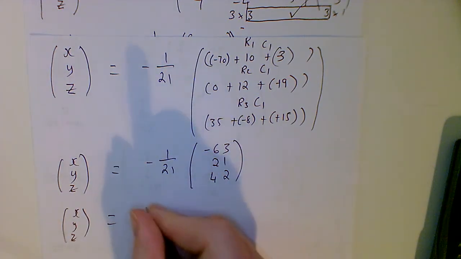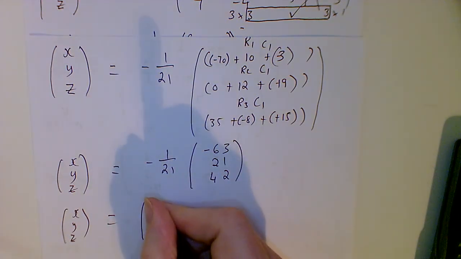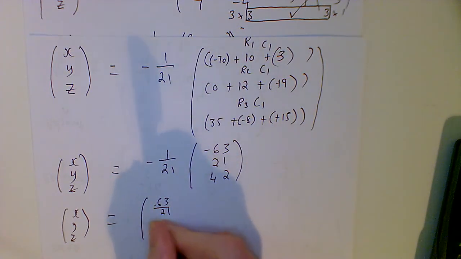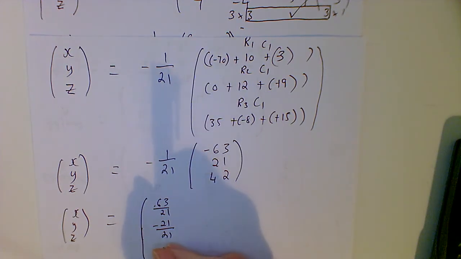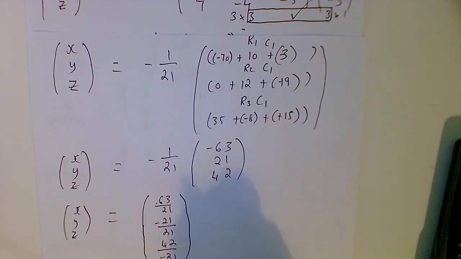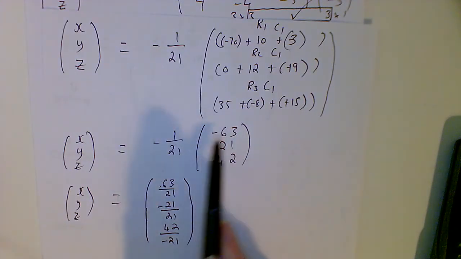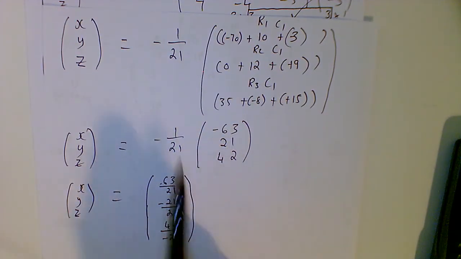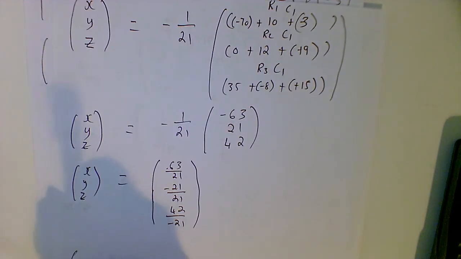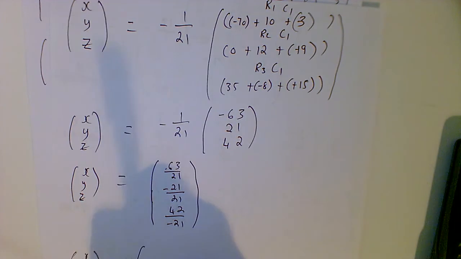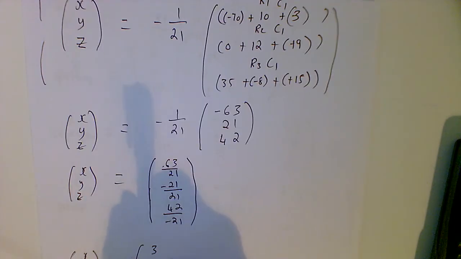Multiply these two things together. So that's 63 over 21. Negative 21 over 21. And 42 over negative 21. So just multiply that by that, that by that, and that by that. So that tells me that x, y, z equals 3, negative 1, negative 2.